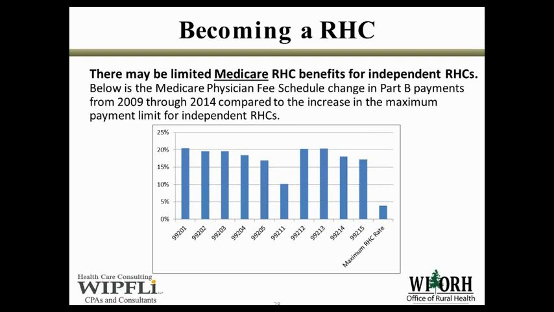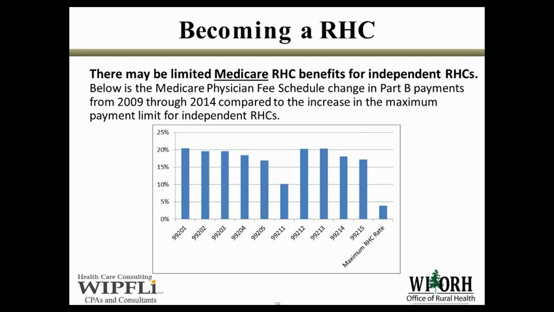And the maximum rural health clinic reimbursement rate over the last 5 years has increased less than 5%. So as changes have occurred in the traditional Medicare fee-for-service reimbursement system, those changes have resulted in higher reimbursement today than what historically had been in the past for the traditional services that are often provided by rural health clinics, in particular the independents.